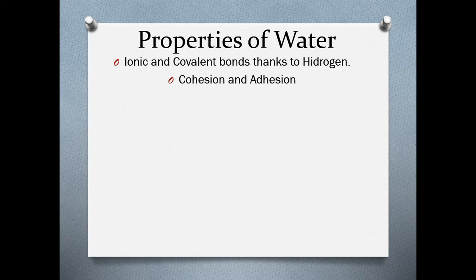Okay. We also have the properties of cohesion and adhesion. Remember, cohesion is how much water can attract itself, and adhesion is how much water can attract other substances. We also have surface tension and capillary action.